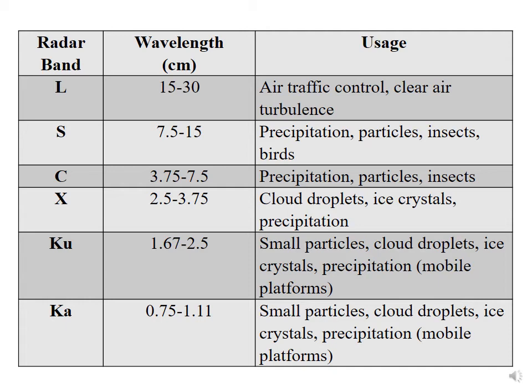The Ku and the Ka are often used from mobile platforms, like Doppler on Wheels, to understand what's going on in the atmosphere associated with individual clouds.